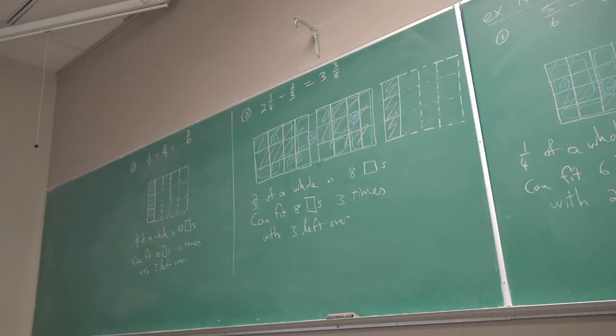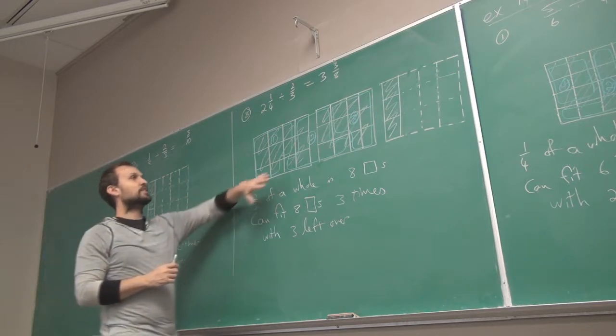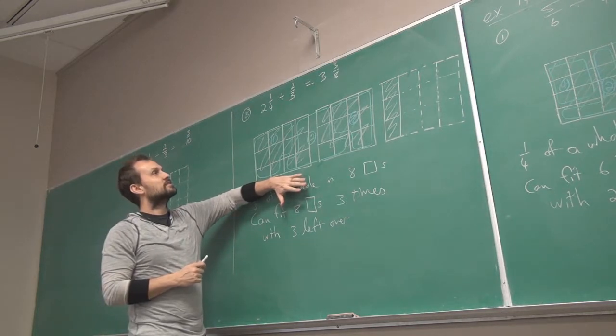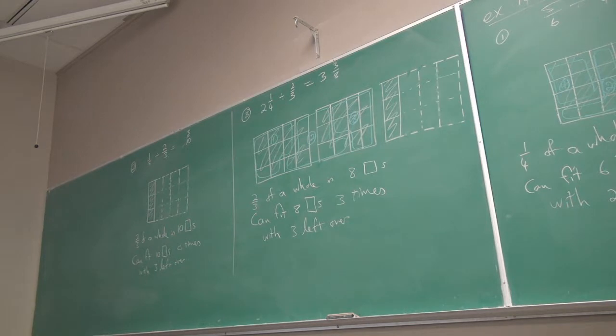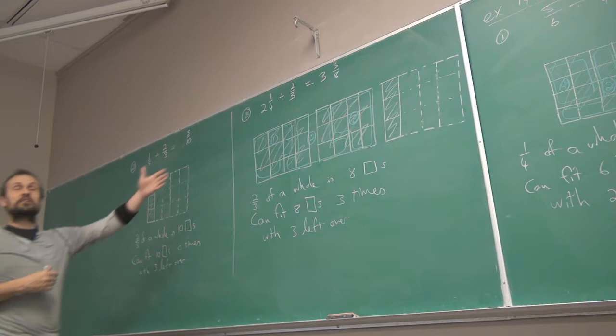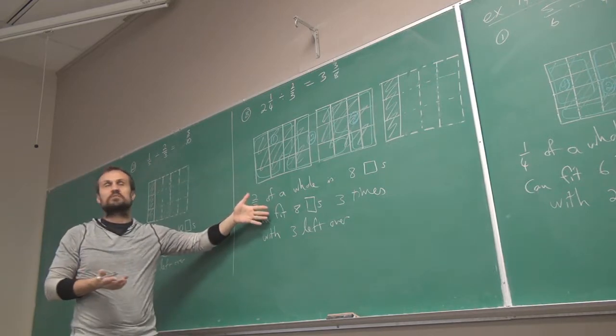Just for the quiz, are you going to want us to include the task, like the writing, like 2/3 of a whole equals 8, just explaining it? Ask yourself this. If I don't have that, is it perfectly clear what you're doing without you being there to explain it? Not really. So that helps. Whatever you then need, so that it stands on its own. The better your diagram is, yes, the less you have to write down.